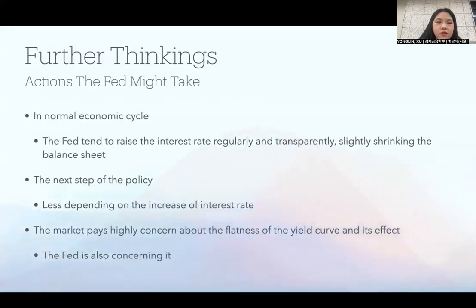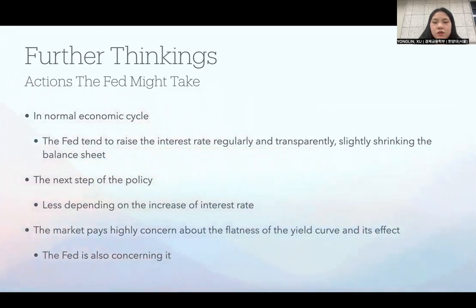And this slide is the action that the Fed might take. And it's very obvious that every country wants their economy at a normal level. So to become normal, the Fed tends to raise the interest rate regularly and transparently, along with shrinking the balance sheet.